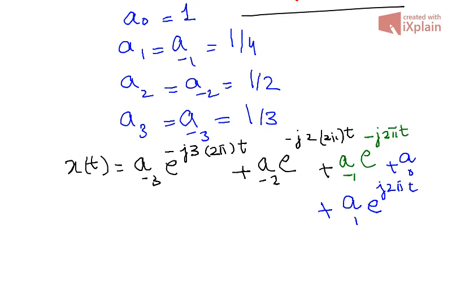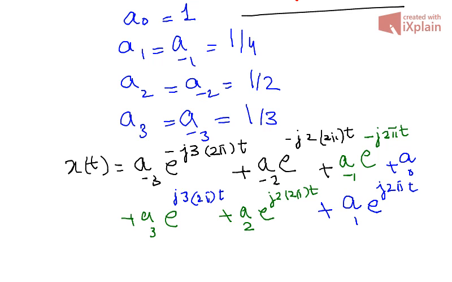Then I'll have another term with k equal to 2, so that would be a2 e raised to the power j 2 times 2 pi t. And I'll have another term when k is 3, which is equal to e raised to the power j 3 2 pi t.